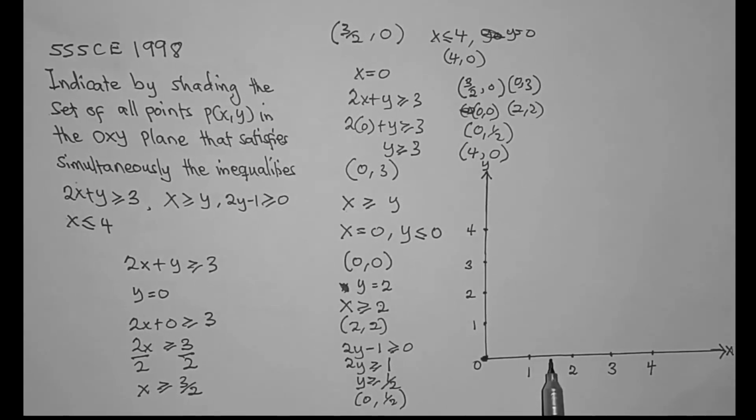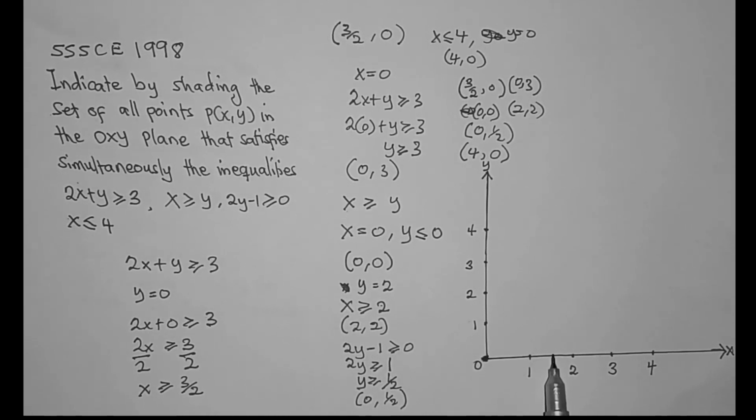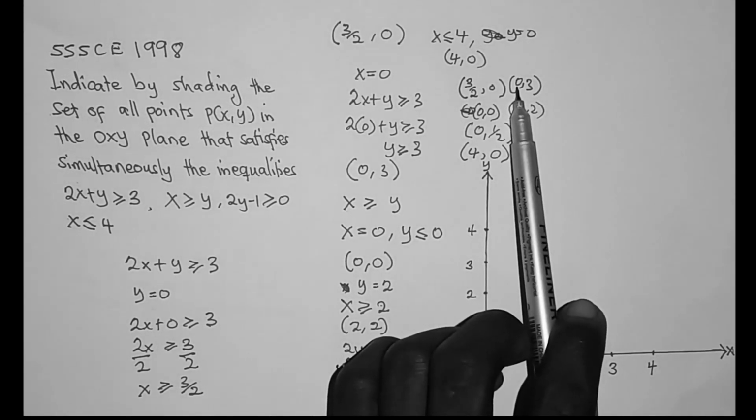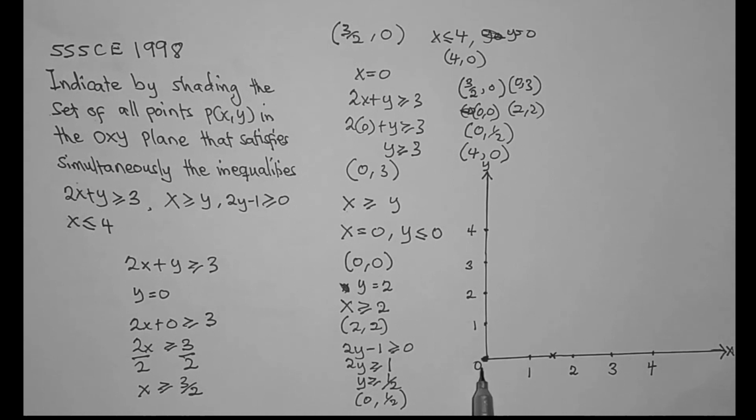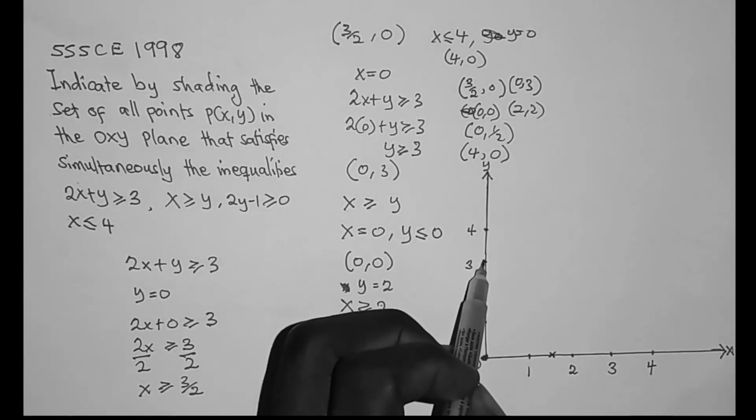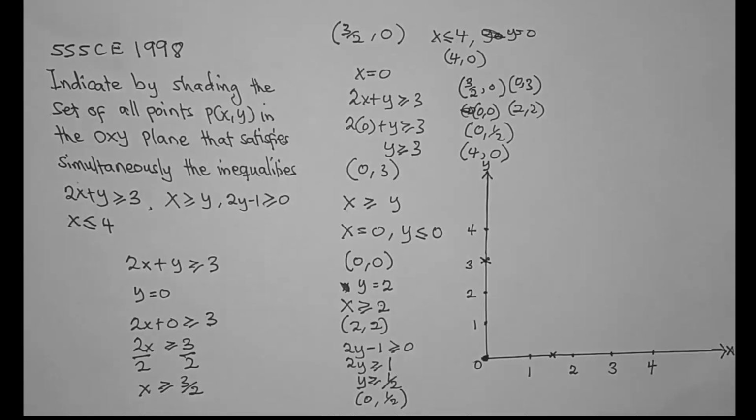So let's plot the point 1.5, which is somewhere here, and then 0 on the y-axis. And then we also have this point, which is 0, 3. So 0 on the x-axis and then 3 on the y-axis. So this point will be somewhere here. So let's then join both points.